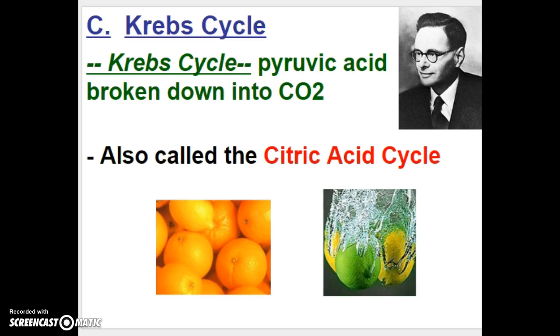The Krebs cycle is the next portion of cellular respiration. Hans Krebs, the gentleman there in the corner, was the man who figured out the chemical process of this. Sometimes it's referred to as the citric acid cycle because citric acid plays a very important role in taking that pyruvic acid and making it into carbon dioxide, which is the byproduct of cellular respiration.